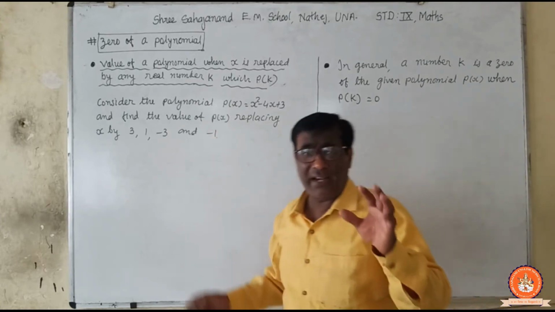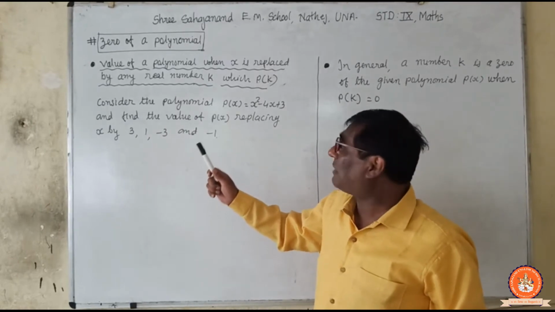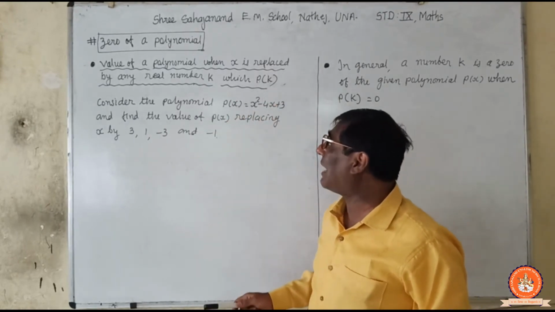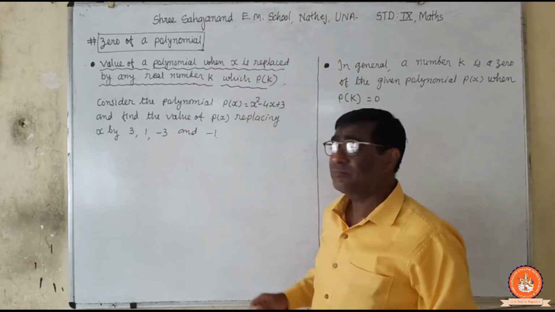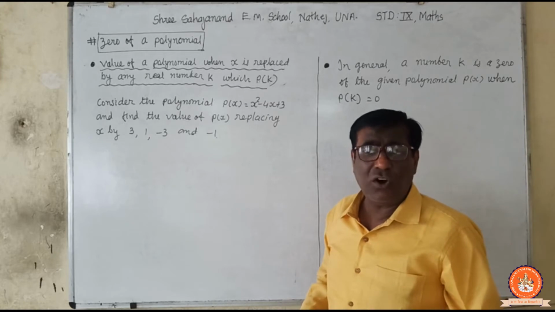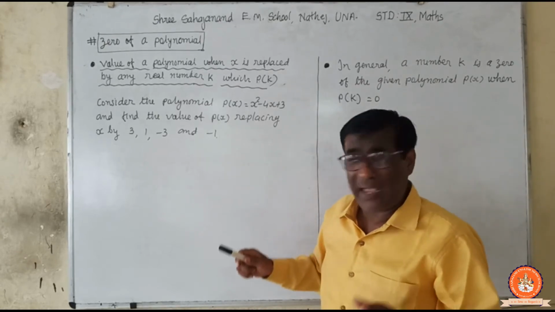So, it is divided into two parts. In the first part, we find the value of a polynomial when x is replaced by any real number k. We are given any polynomial in x. It is known as p of x.